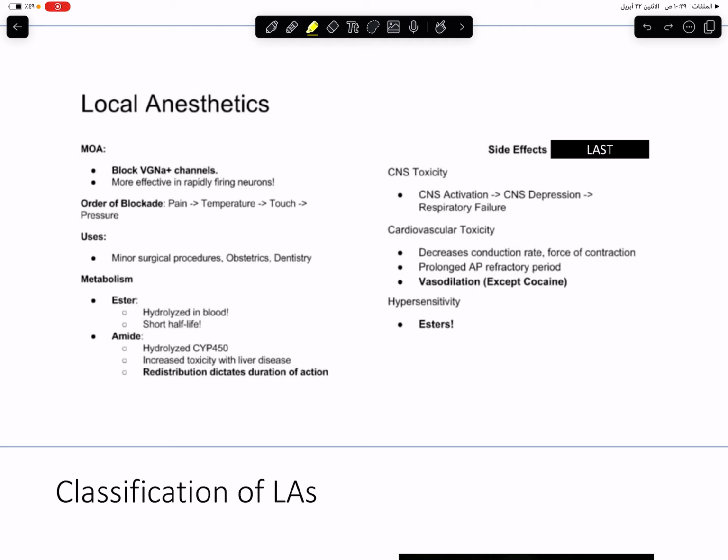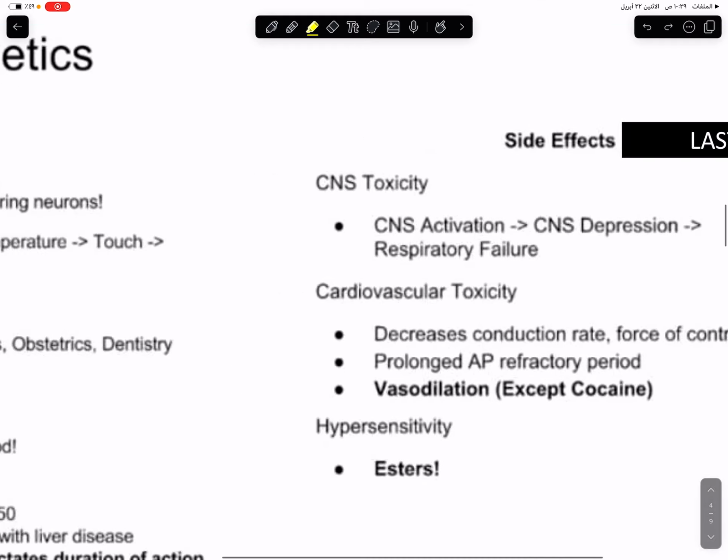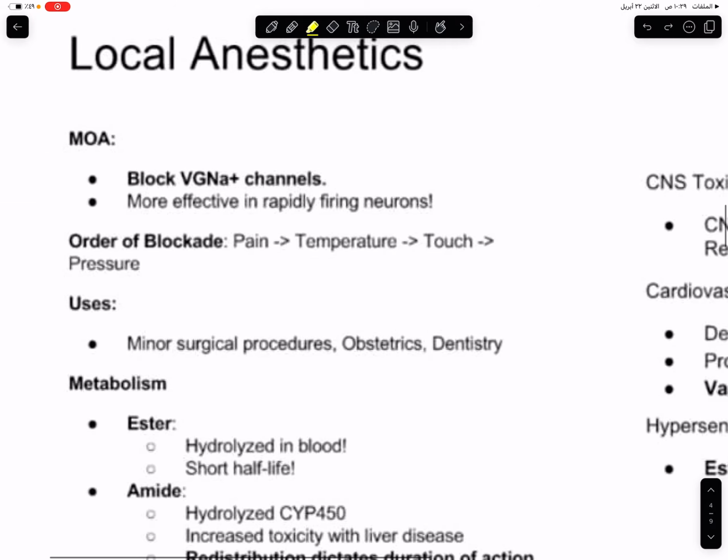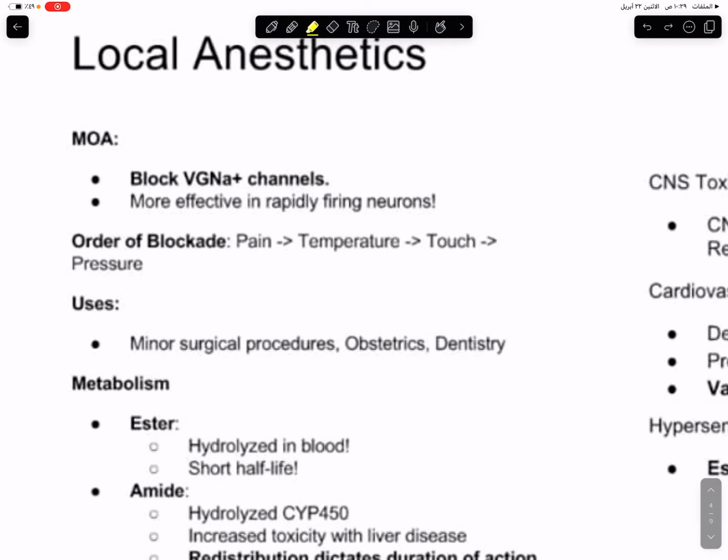What it will do is that it will act peripherally, not only centrally, and it will block Vg sodium channels. Vg stands for voltage gated, you discussed it might be in physiology or in biochemistry. The sodium channel is related with repolarization, depolarization, and hyperpolarization of the cells.